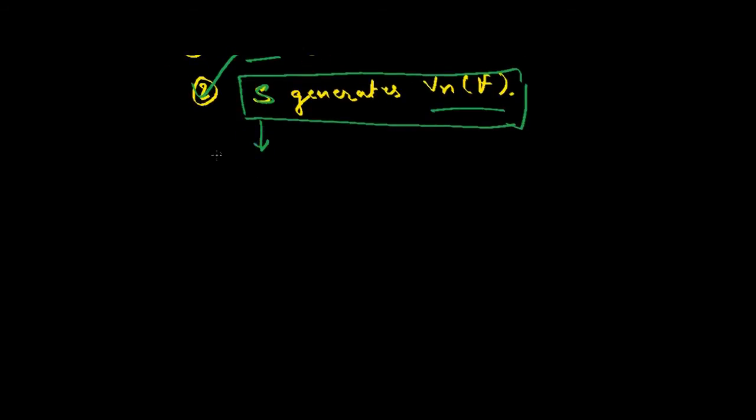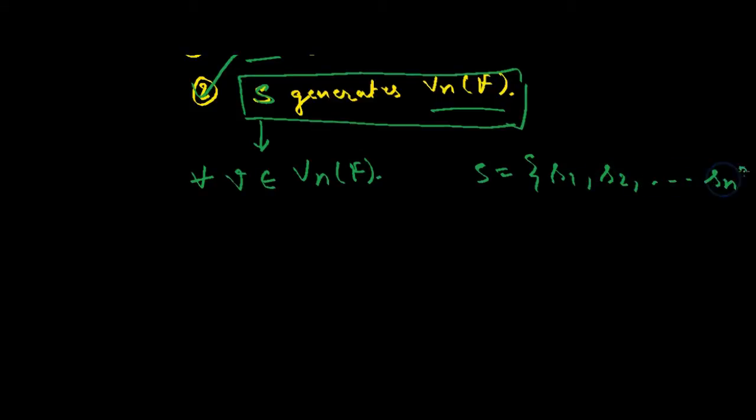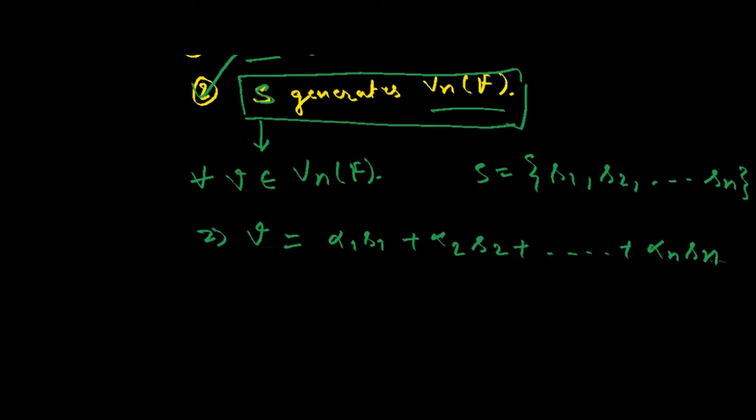This statement means that if we take any vector V from our vector space Vn, and suppose S has some elements S1, S2, up to Sn, then this vector V can be written as alpha 1 S1 plus alpha 2 S2 plus up to alpha n Sn.